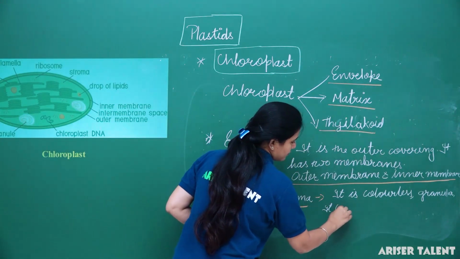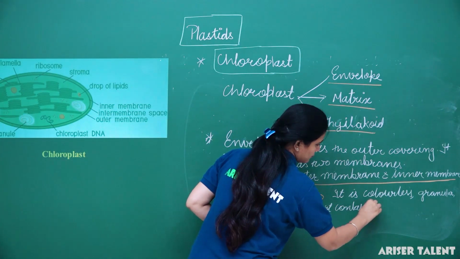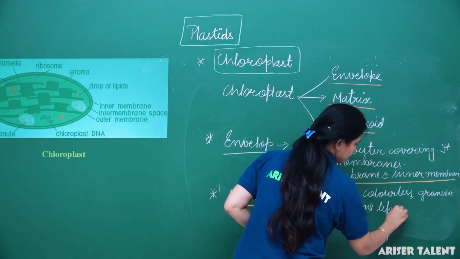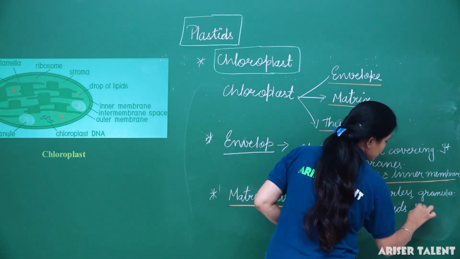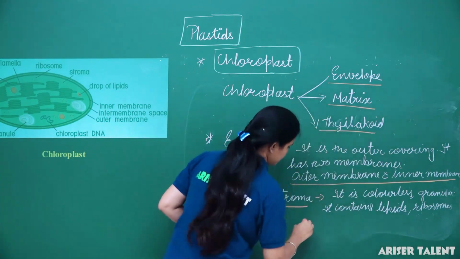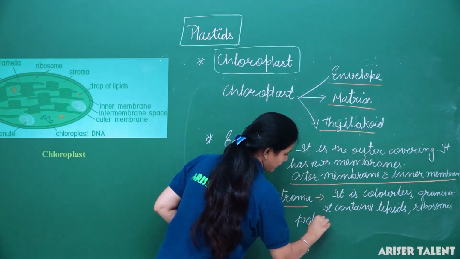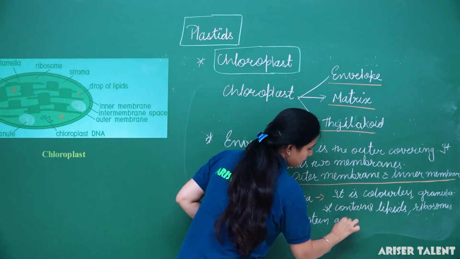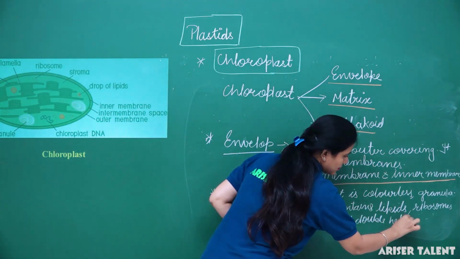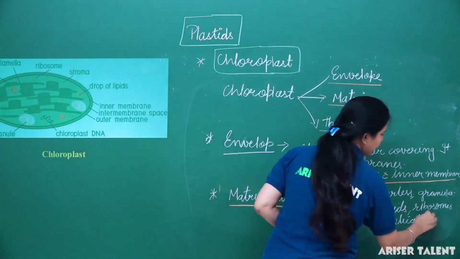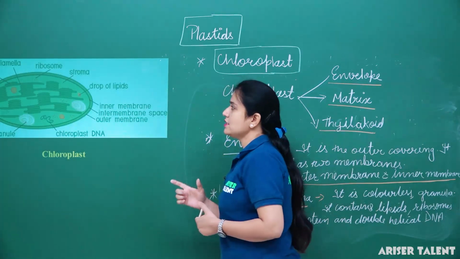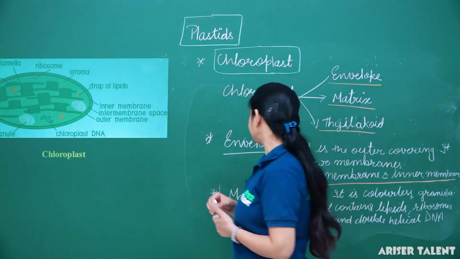It contains lipids, ribosomes, protein and double helical DNA. Generally lipids are present in the plastoglobule form.